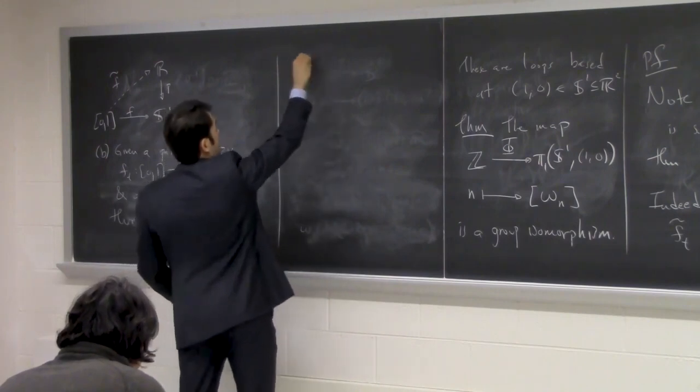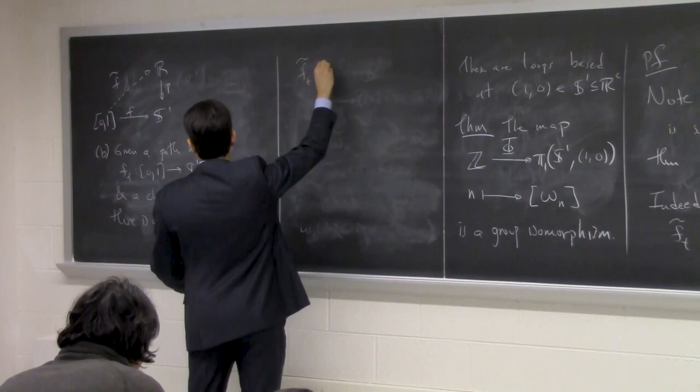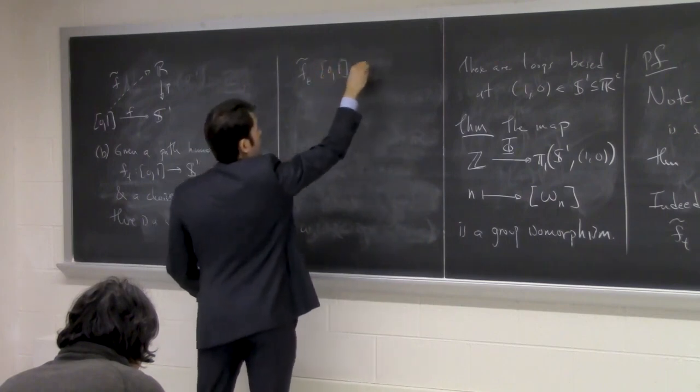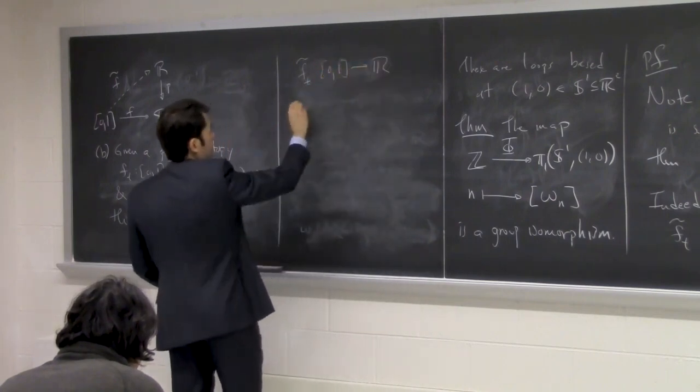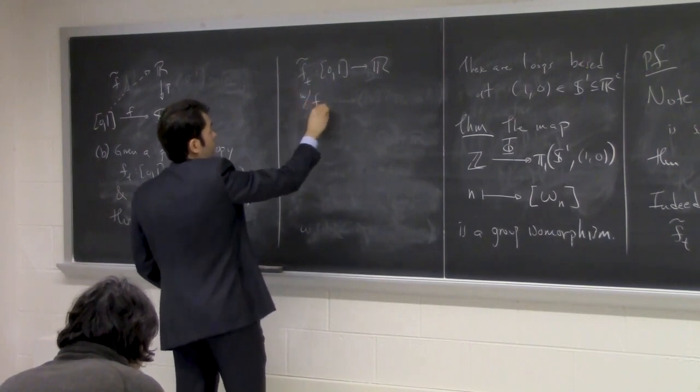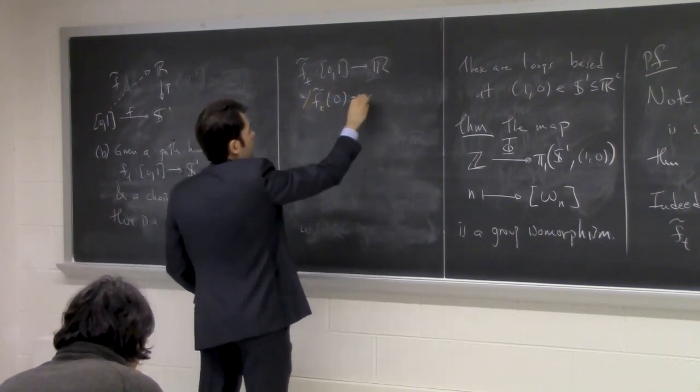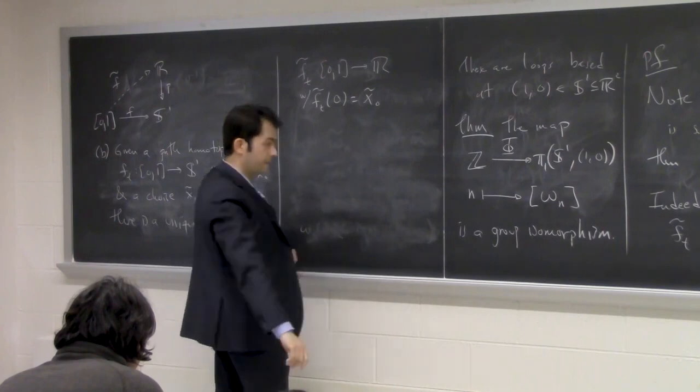So ft tilde from 0, 1 to R with ft tilde of 0 equal to x 0 tilde.